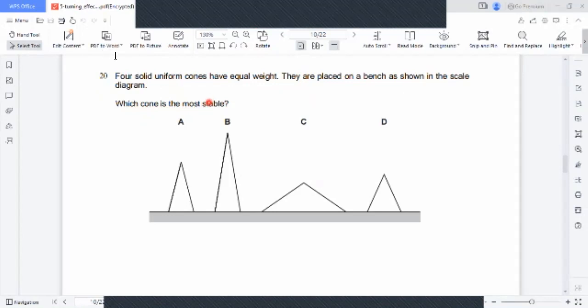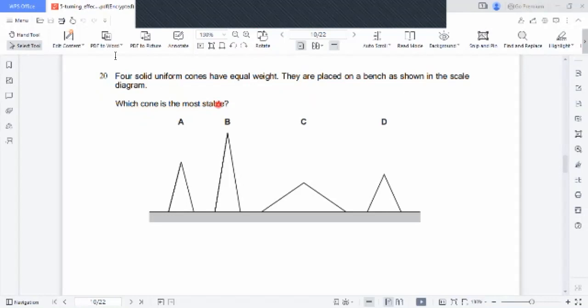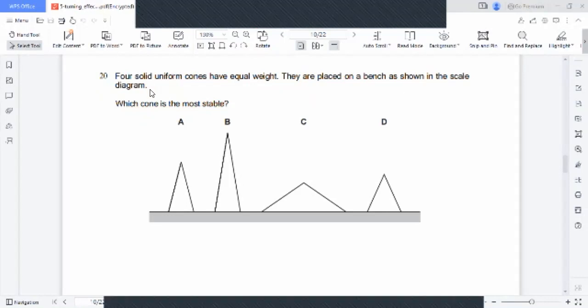So we know that the two basic conditions for stability are a large base area and a lower center of mass. It can be easily understood from the figure that C has the largest base area, and it looks like its center of mass is also lower because its height is small.